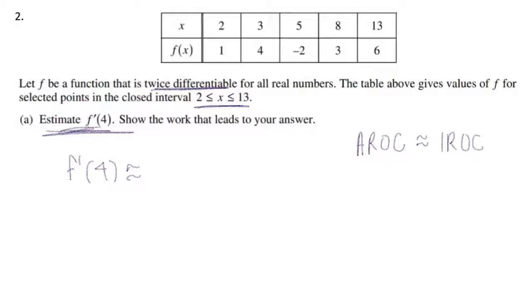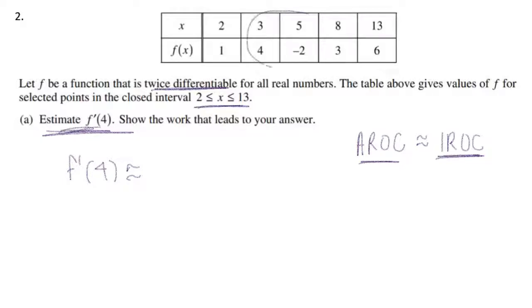So we have an average rate of change, which is the slope of the secant line, so to speak, and we can use that for values super, super close to a point of tangency to estimate the instantaneous rate of change. So let's look at our values that were given and see, well, where is 4 going to fall?